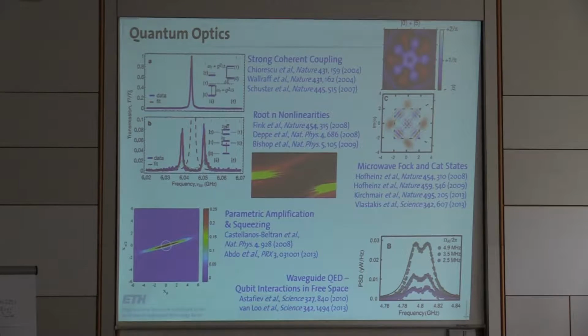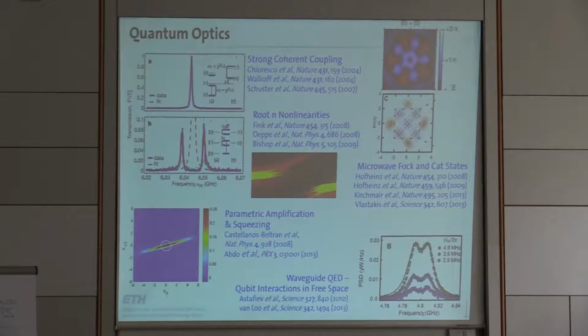If you look for textbook examples of phenomena in the interaction of light and matter, superconducting circuits can demonstrate those nicely. There are basic things like looking at a vacuum-Rabi mode splitting in a spectrum, and very fancy things like making cat states or superpositions of Fock states where you measure their Wigner functions. You can do nonlinear optics with photons, where you can look at squeezing and parametric amplification, which I might mention a bit.